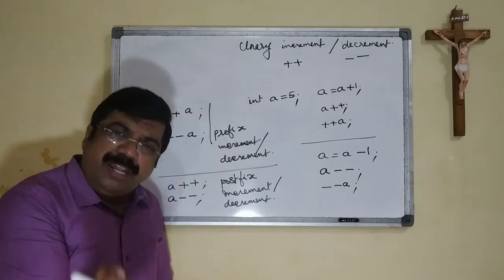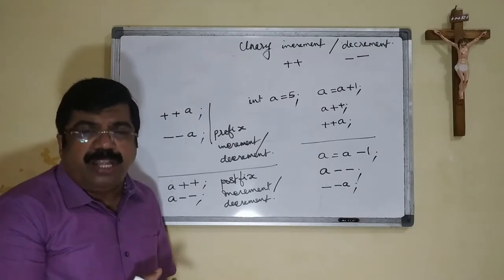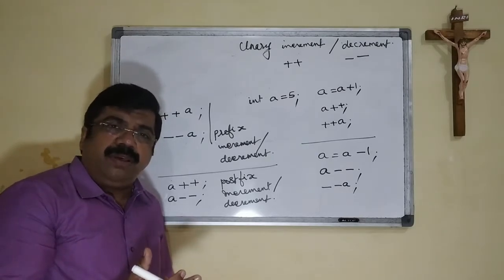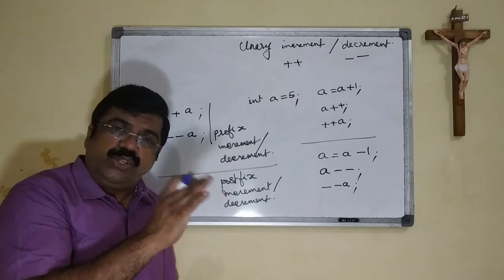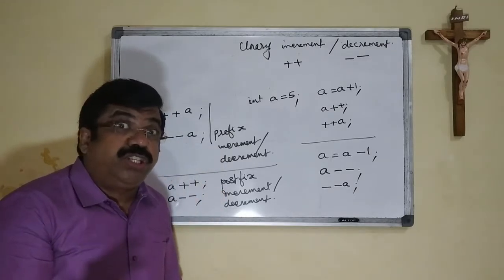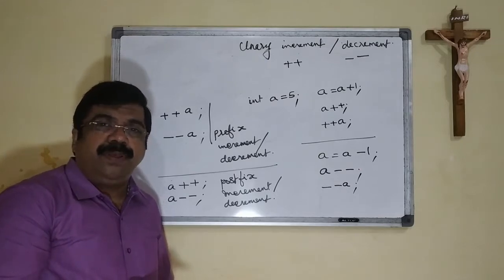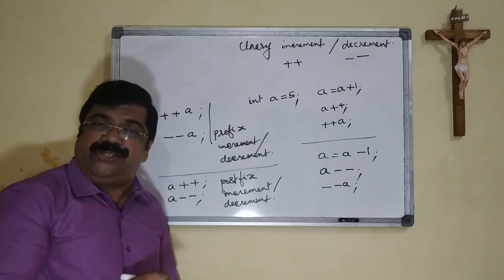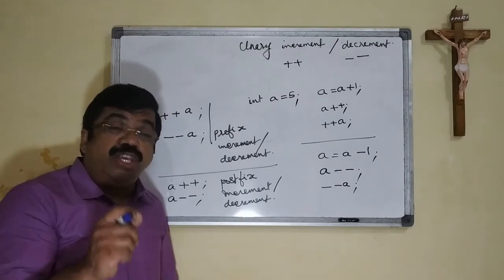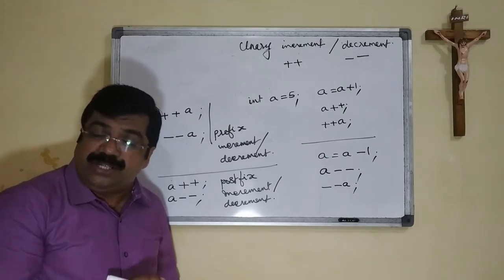Postfix increment will increment the value, same. Both are doing the same when they are used with a single variable. But they have some differences when they are used in an expression.